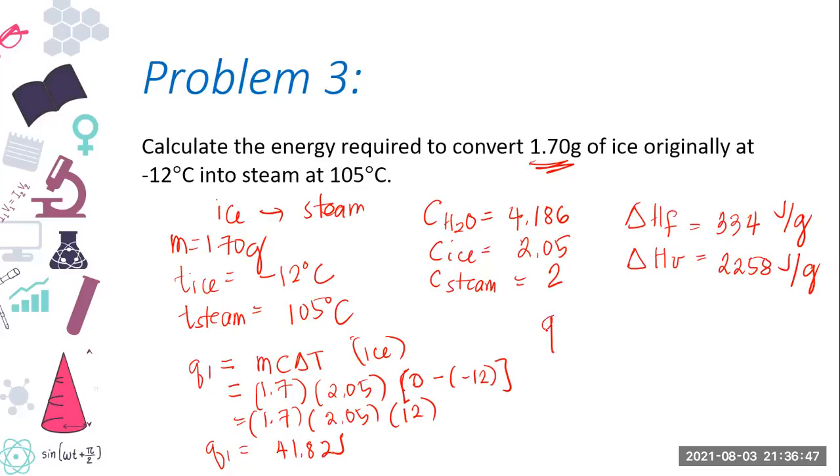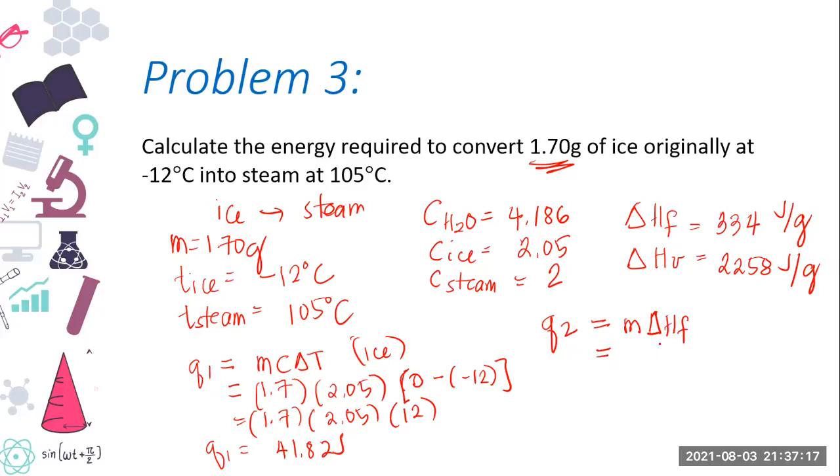Now we're getting Q2. You've already brought that ice to 0 degrees, which means it's still ice. Now you have to change it to liquid water, so of course you use fusion there. I know fusion is more on liquid to solid, but the heat involved is what you call the heat of fusion. So all you have to do here is use delta HF.